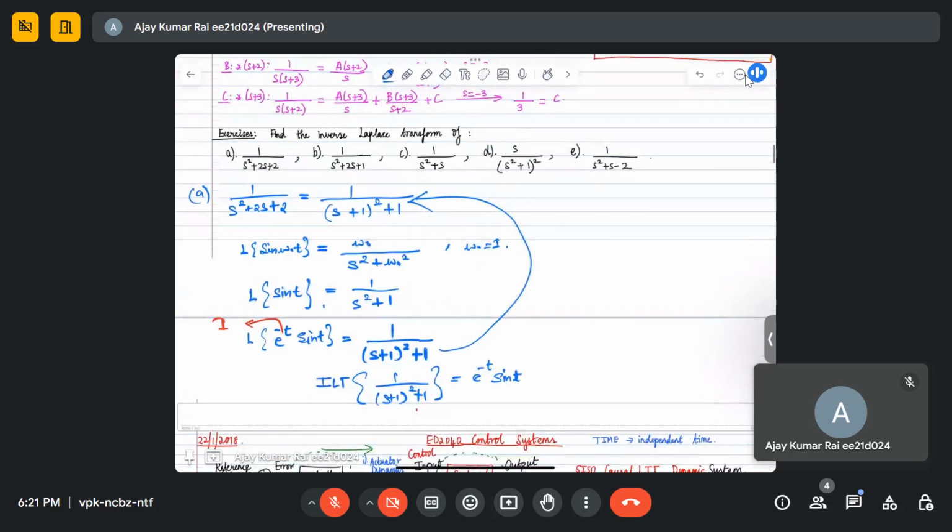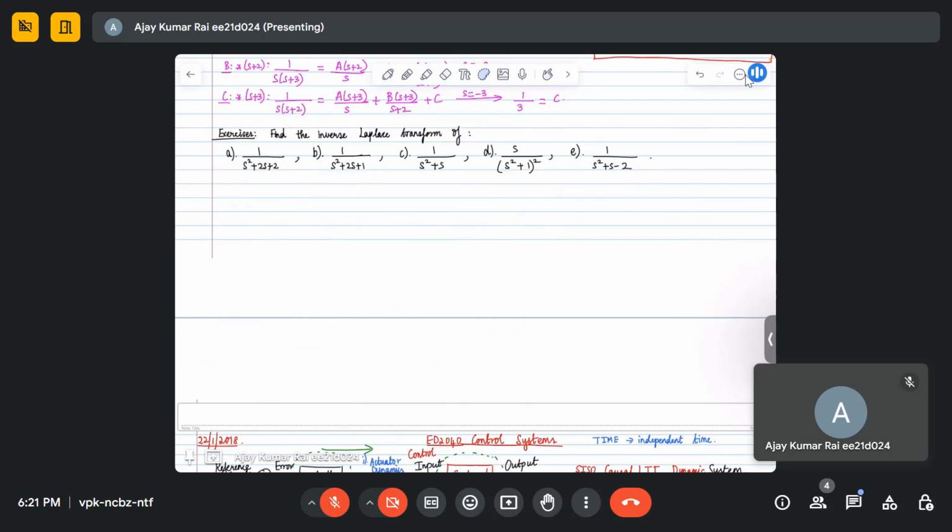So this is the first simple question that was given to you. Any doubt in this? You can ask me which one of A, B, C, D, E I should solve, because these are very simple problems. I'll cover whichever you are facing problems with.